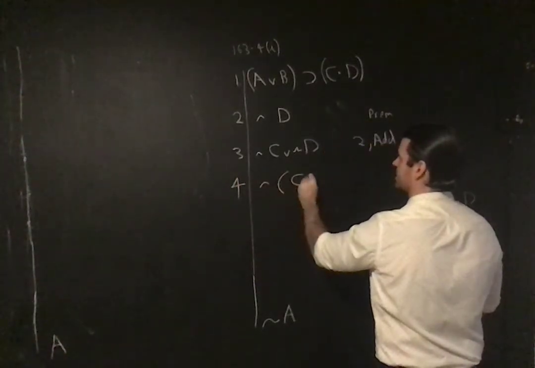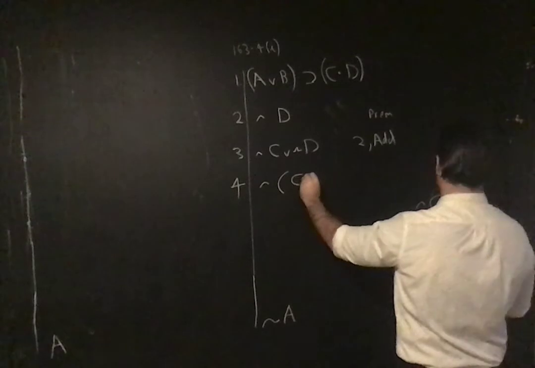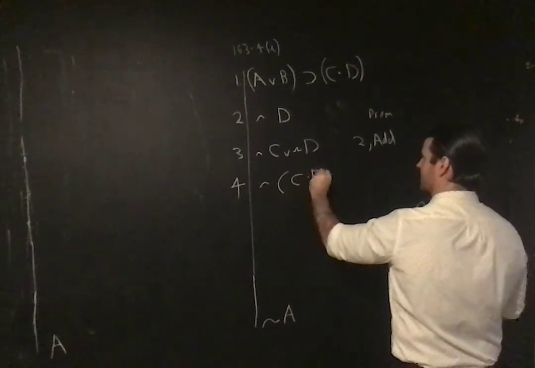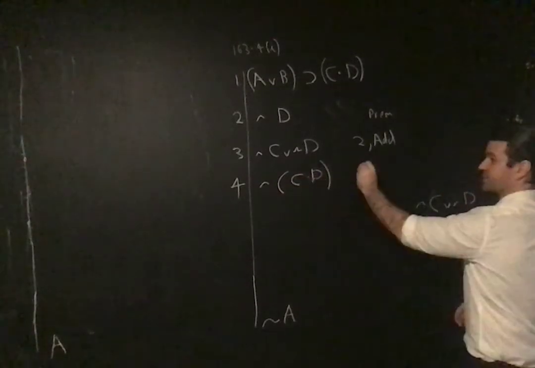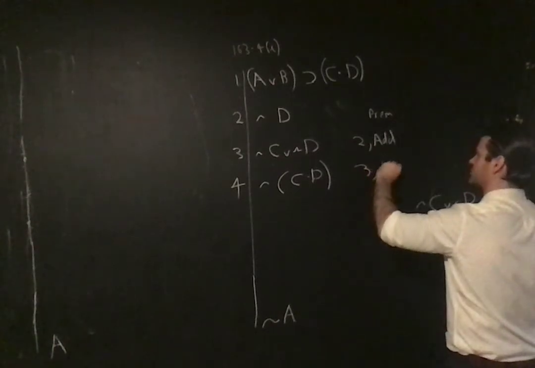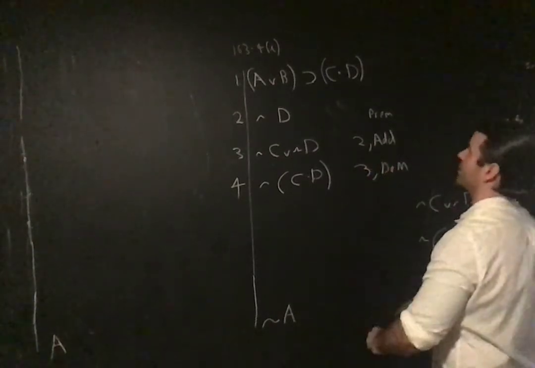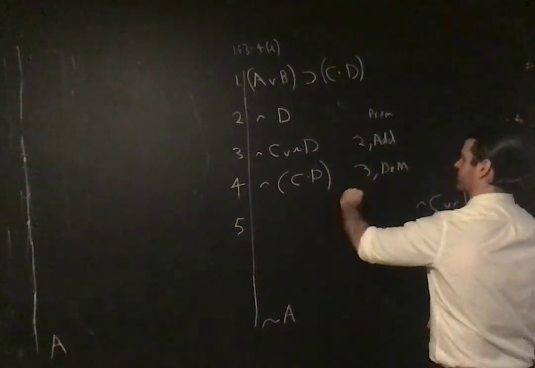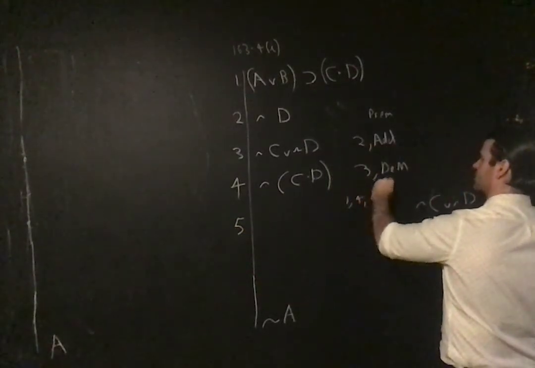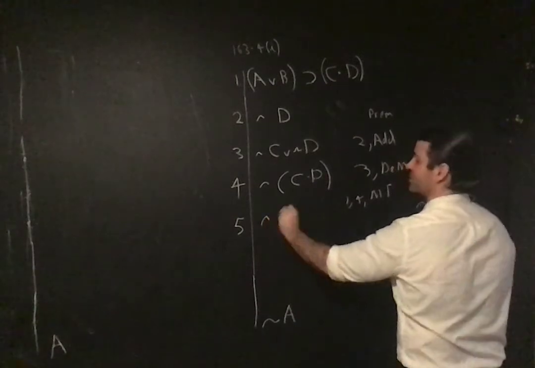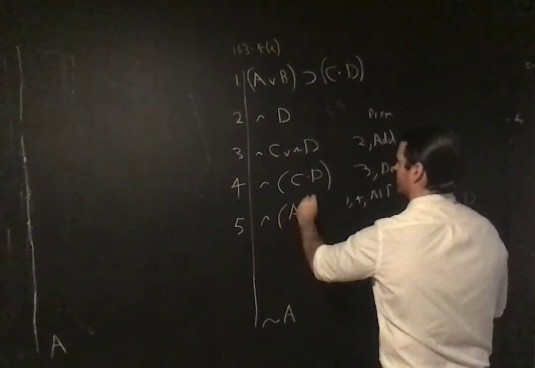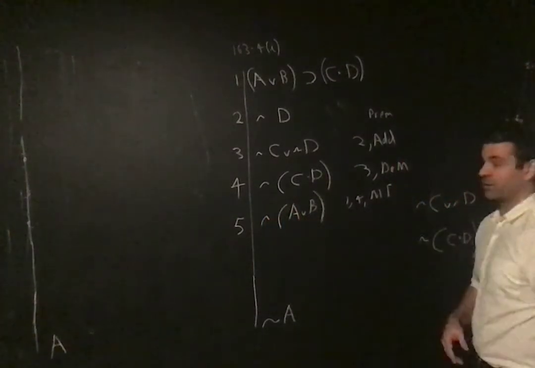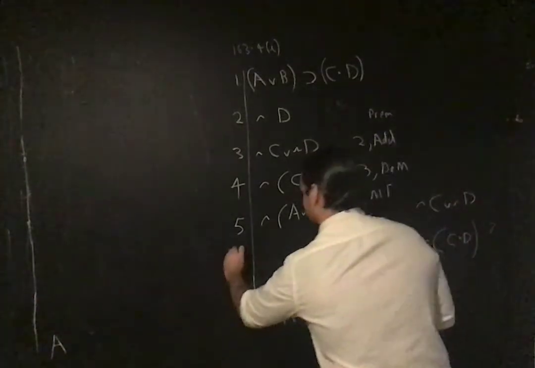Not brackets C and D, right? The justification for this is De Morgan's. All right, that's my modus tollens. 1 for modus tollens, the negation of A or B. Right, now I De Morgan's that.